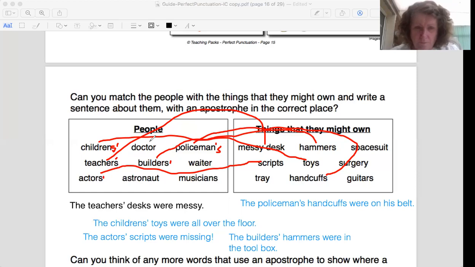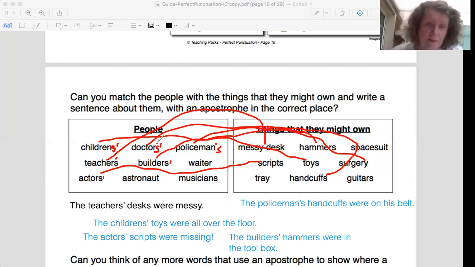Or the doctors' surgery. I would put S here. There's more than one doctor at a doctors' surgery and the apostrophe afterwards. So I could put the doctors' surgery was full, with the S and the apostrophe afterwards.